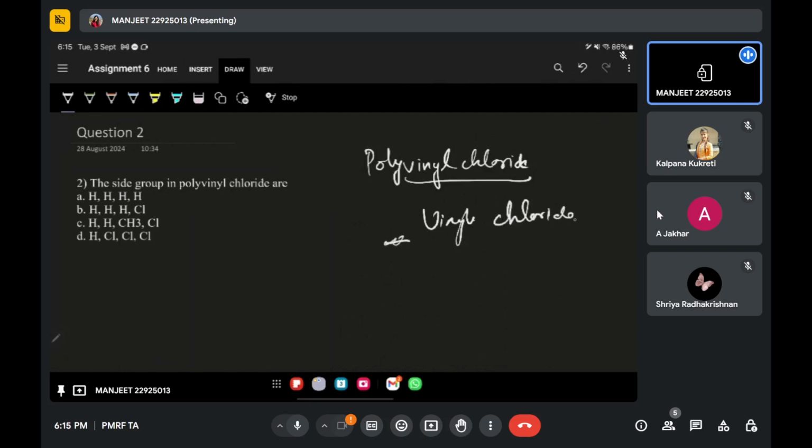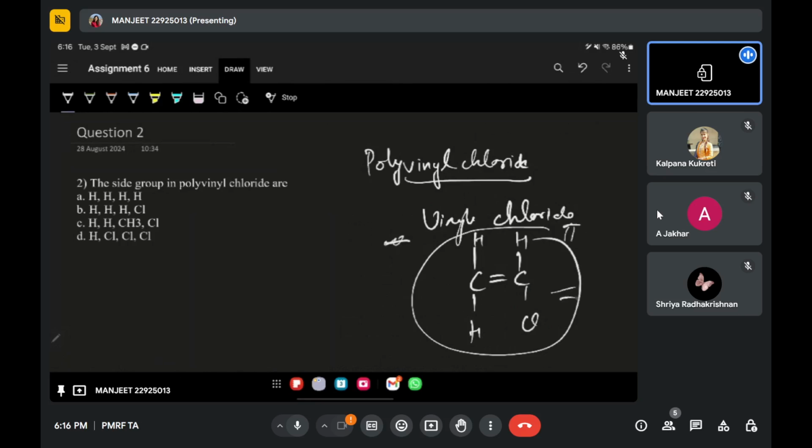Vinyl chloride is C double bond C H. There is only one chlorine attached here. So this is my vinyl chloride, and if I take the mer unit of this one, that will give you the polyvinyl chloride. So the corresponding mer unit, the side group of the polyvinyl chloride, will be C, C, H, H, hydrogen and the chlorine.